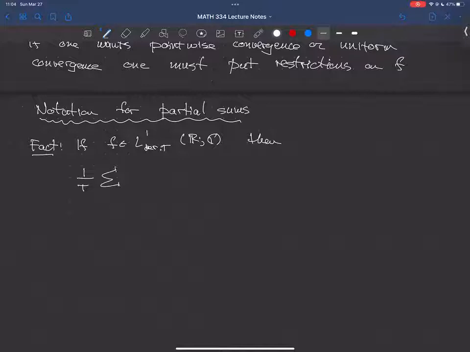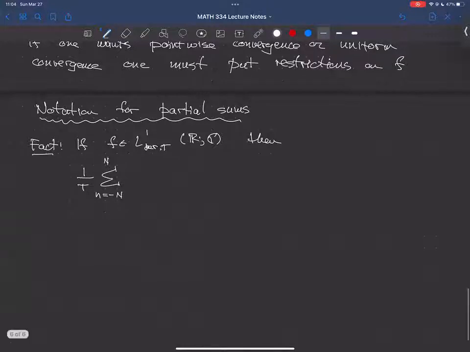The symmetric partial sum from minus n to n of CDFT times these harmonics. So that's our nth partial sum.